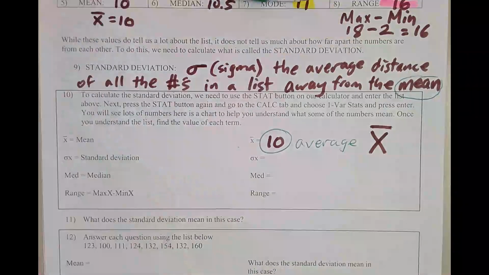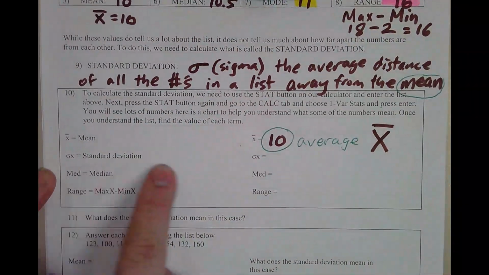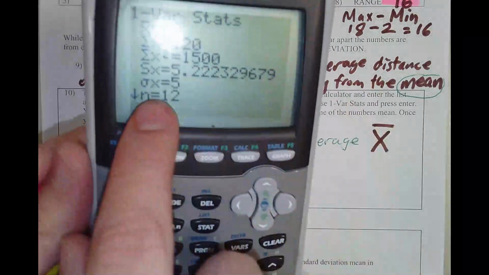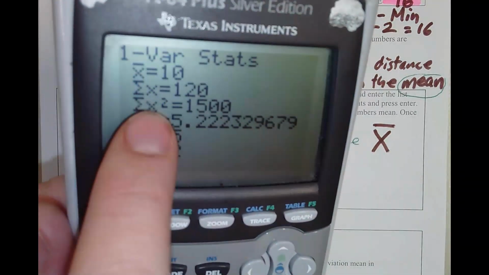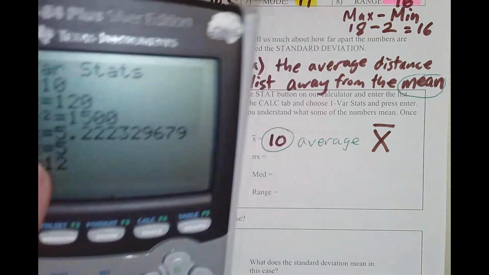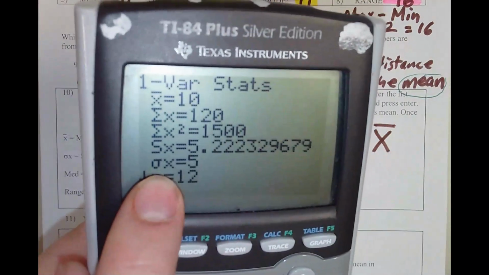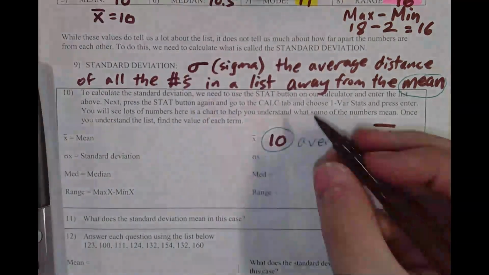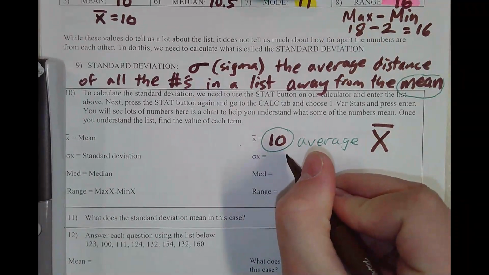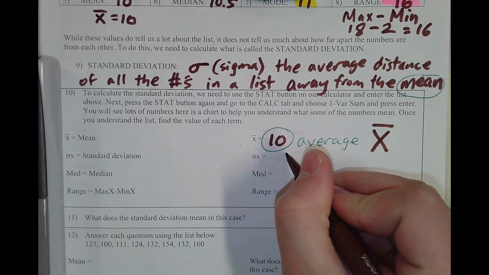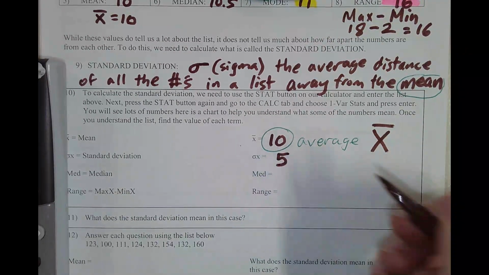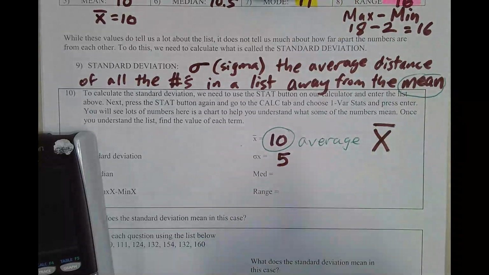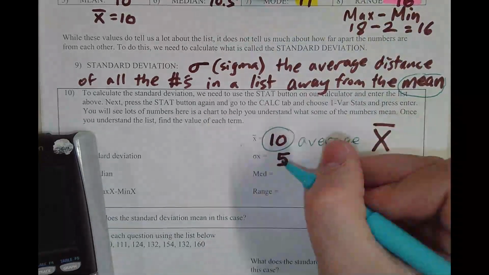Very good. Okay, next up is standard deviation. Standard deviation of x. If you look at this list, the fifth number in our list, what's the name of that Greek letter again? Yeah, sigma. That sigma x is our standard deviation. So standard deviation in this situation is 5. All right, I'll go ahead and use some highlighting and color coding.